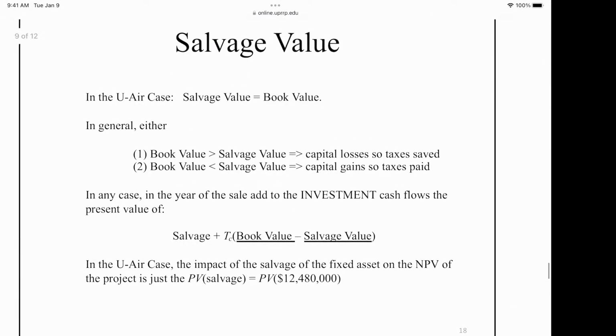I told you take the salvage value and add the difference of the book and the salvage value after tax. In other words, if you sell it for more than it's worth, you have to pay taxes. If you sell it for less than it's worth, you save on taxes.